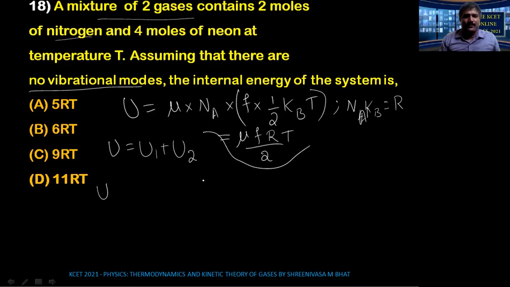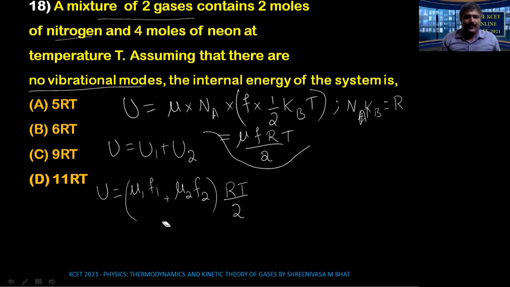So U equal to, here the number of moles mu is different, F is different, RT by 2 is the same. So it is mu1 F1 by 2 plus mu2 F2 by 2, into R, into T. You can take T out also, so RT by 2 common.